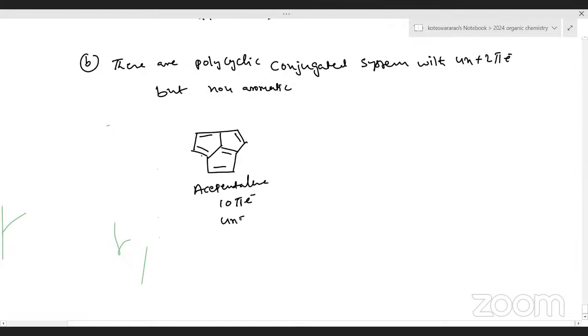It follows the 4n plus 2 pi electrons rule, Huckel's rule, where n is equal to 2. However, even though it has 10 pi electrons and follows Huckel's rule, it is non-aromatic. Another one, dibenzopentalene.